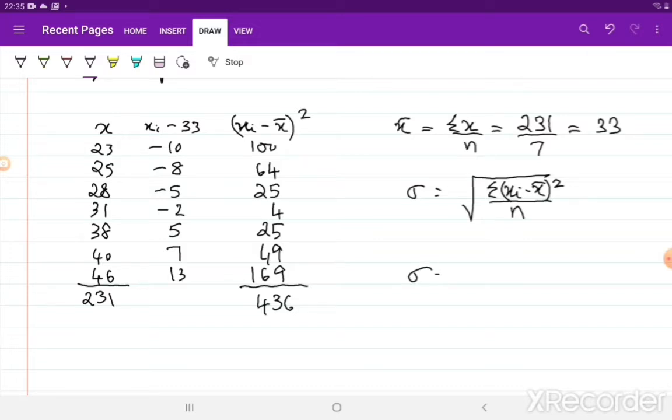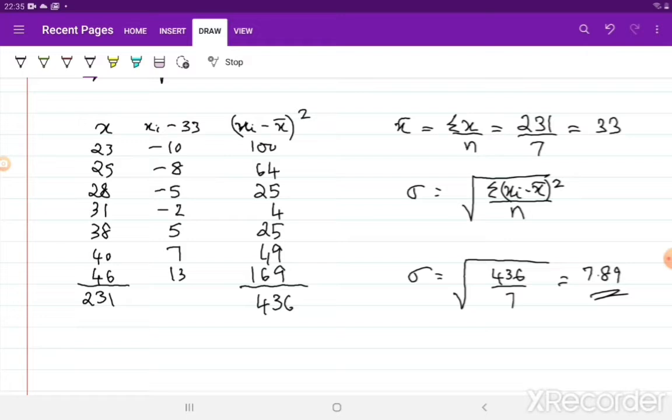So putting them into the formula, you will get root under 436 divided by 7, which when you use your calculator you will get 7.89. This is example 10 from the guide.